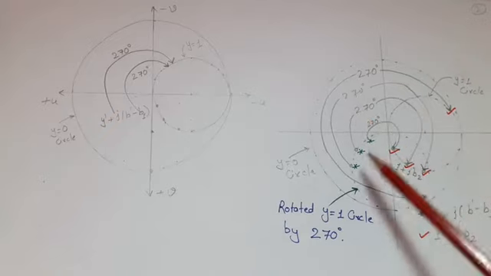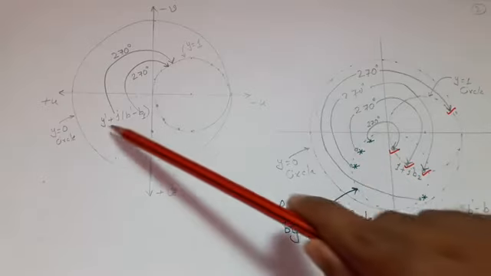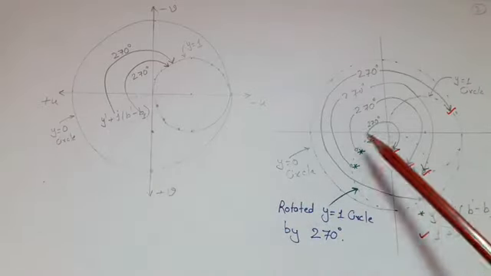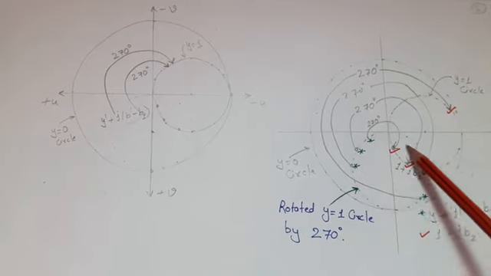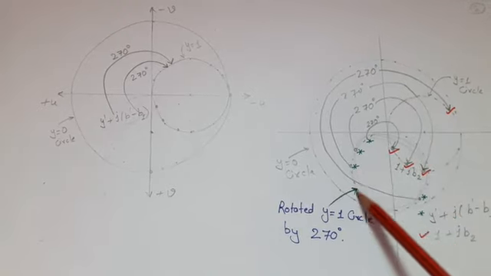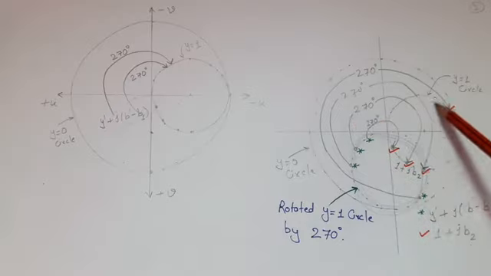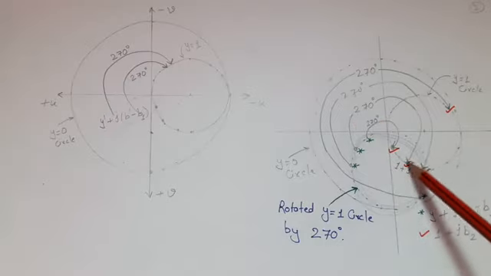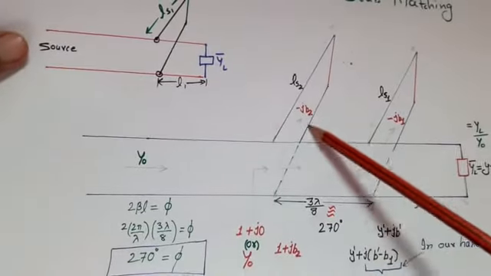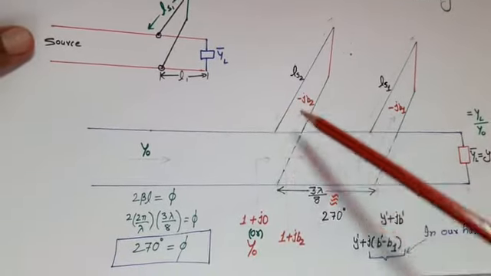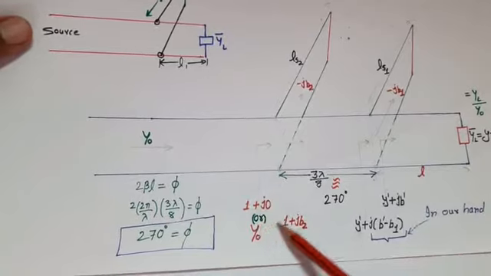So now our main goal is to bring this admittance onto the rotated version of the Y is equal to 1 circle. Because once we bring this admittance to the rotated Y is equal to 1 circle, then after a rotation of 270 degrees, we will reach the Y is equal to 1 circle, and then we put a second stub to cancel out the imaginary part of this admittance value, and finally we get input admittance 1 plus J0.